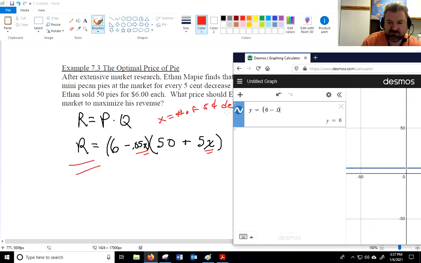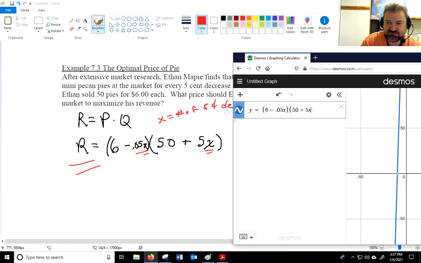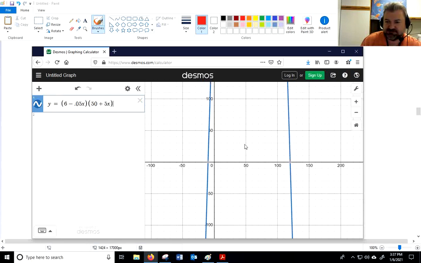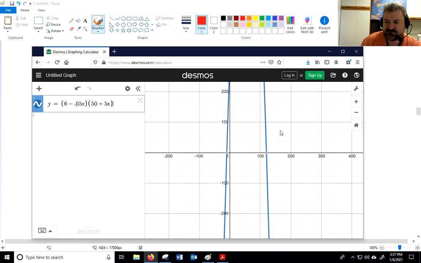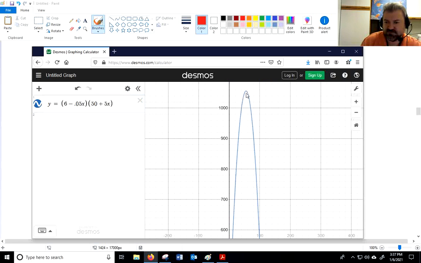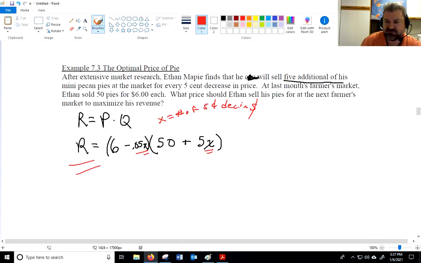So again, starting with a $6 base price, which goes down, so minus 5 cents for every price change X, we're going to multiply that by 50 plus 5 additional pies for every price change. And you can see that right there at 55, we're at 1,056 and 25 cents.